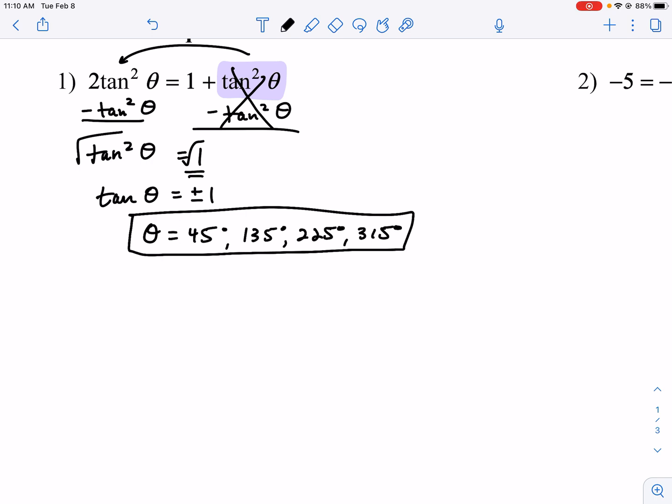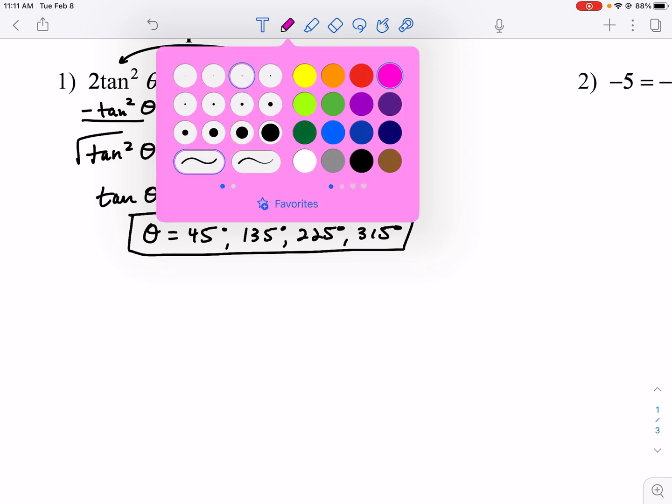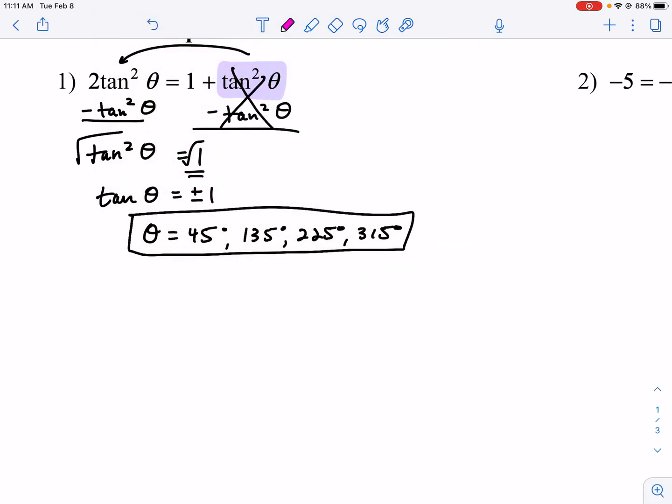If that's hard for you to visualize or focus on, you can do variable replacement. So what I mean by that is once you see the function that's there, which is tangent, you can say that tangent theta is going to be x, and then you can actually use x as your method of solving. So this would be 2x squared equals 1 plus x squared, and then solve it just like you would any other quadratic.